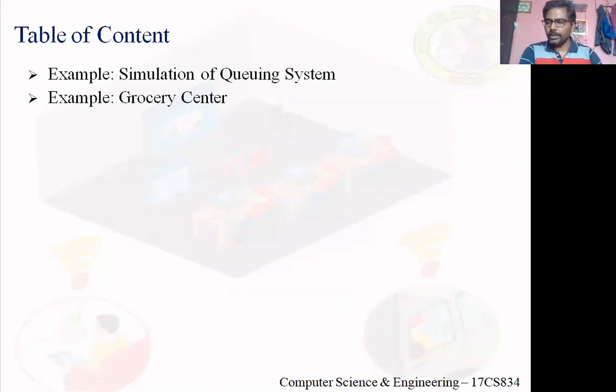When we are going to simulate any system using a simulation table, what's the first and foremost thing you need to know? The first step is we need to determine the characteristics of each of the inputs to the simulation.